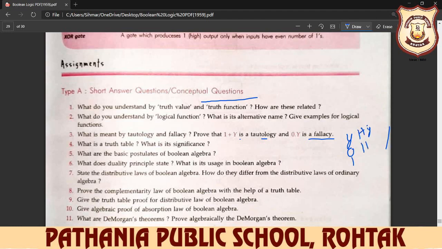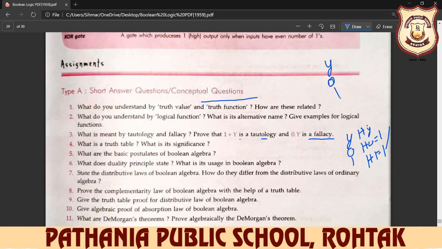So when you input 1 plus 0, your output is 1, and when you input 1, so 1 plus 1 is equal to 1. So this is your tautology. Your answer is always true. But 0 multiply y is a fallacy. How? Write down the possible combinations of y.